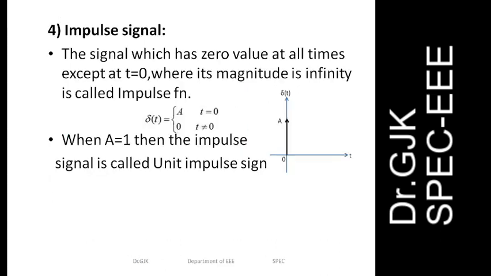Then coming to the impulse function. As I told you, the impulse function is nothing but a function which will have infinite value at t is equal to 0, and for all remaining t, its value is 0. It will be as shown in the figure. At t is equal to 0 only, it will have infinite value.